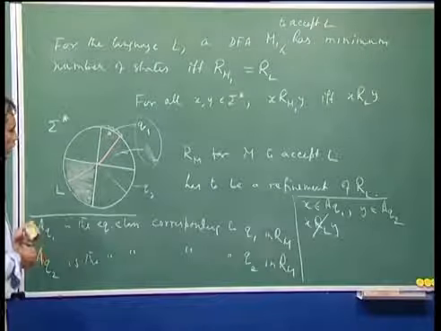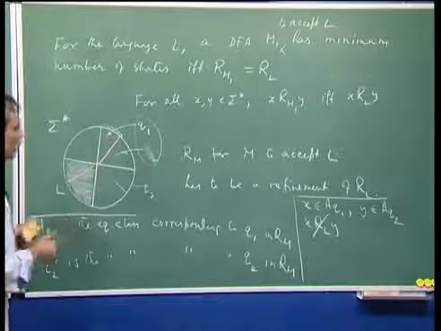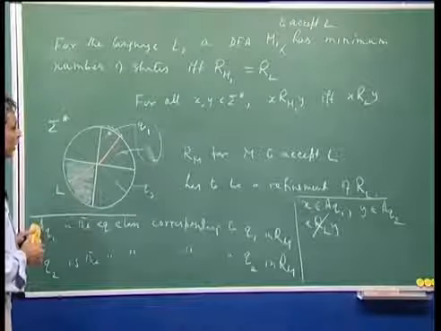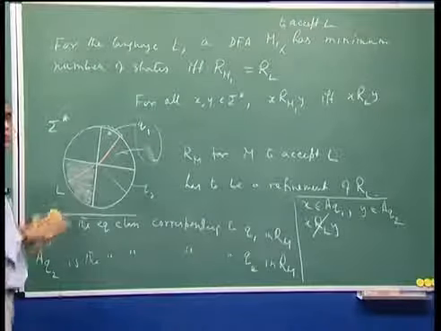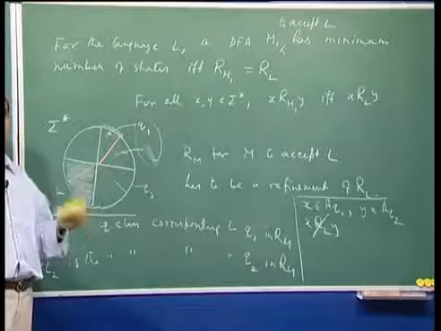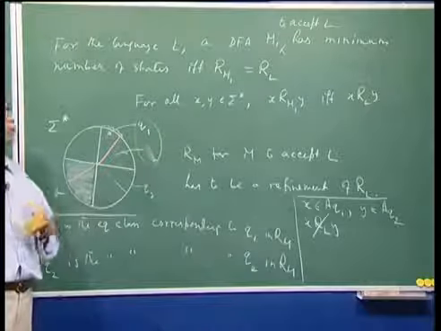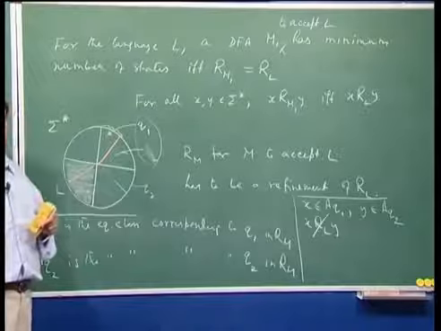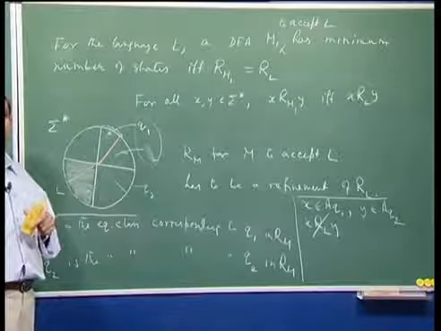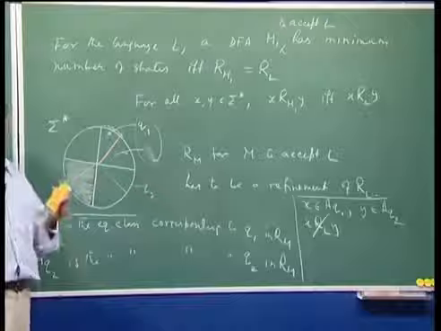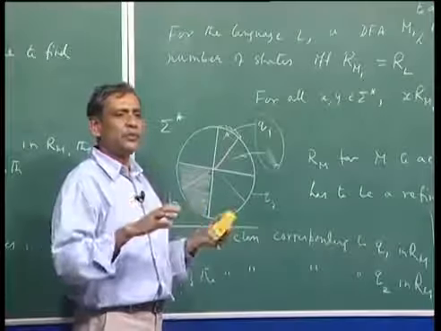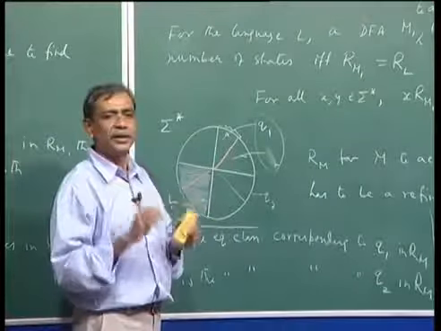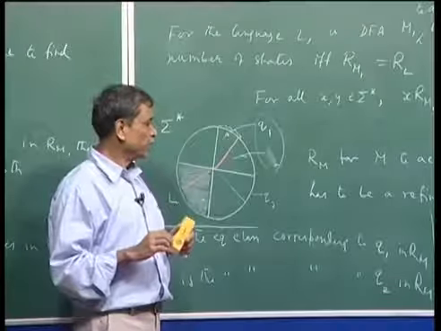And what do I know about AQ1 and AQ2? AQ1 are all those strings which take M from Q0 to the state Q1, and AQ2 are all the strings which take the machine M from Q0, the initial state, to the state Q2.